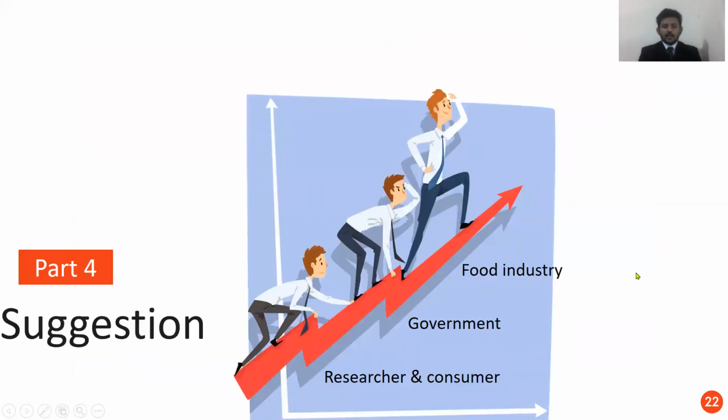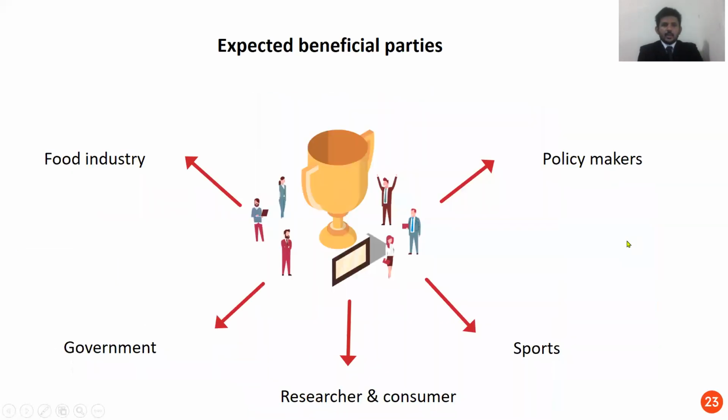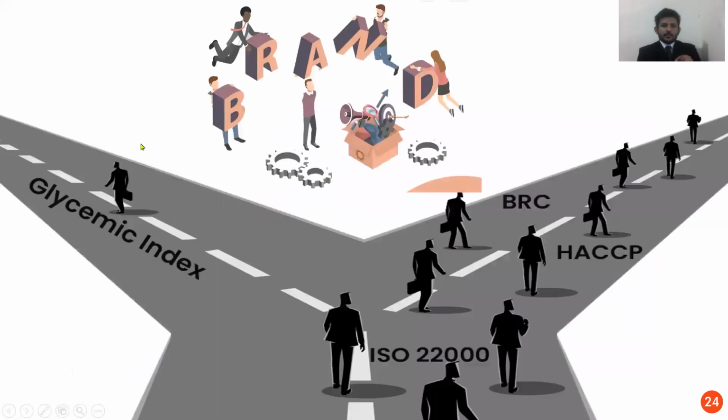Let's consider my suggestions. Here you see the expected beneficiary parties. Rather than following the traditional marketing pathway, you can focus on the glycemic index. Here we know food manufacturers always focus on standards like ISO, HACCP, and BRC.